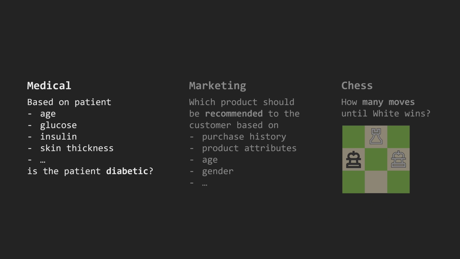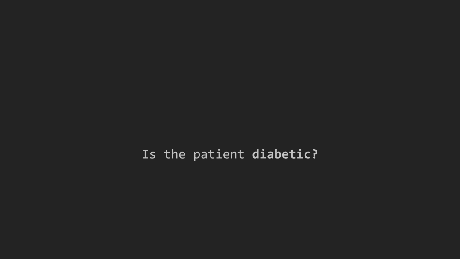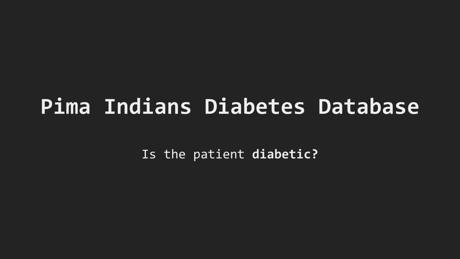We will try to determine whether a patient is likely to have diabetes using the Pima Indians Diabetes database. This dataset consists of 768 female patients, all aged 21 and older, of Pima Indian heritage from Arizona, USA.